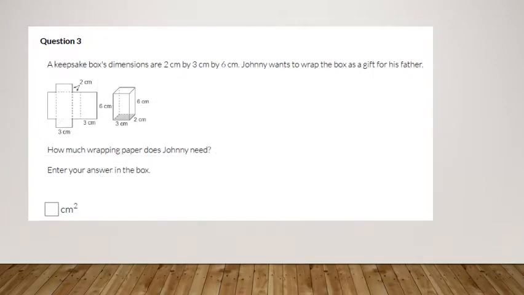Okay, a keepsake box's dimensions are 2 centimeters by 3 centimeters by 6 centimeters. How much wrapping paper does Johnny need? What we're going to do is look at the net right here and find the area of each of these different parts of the net.